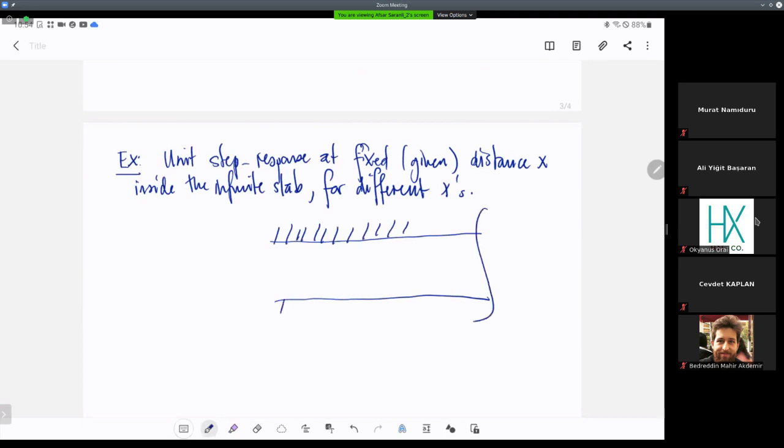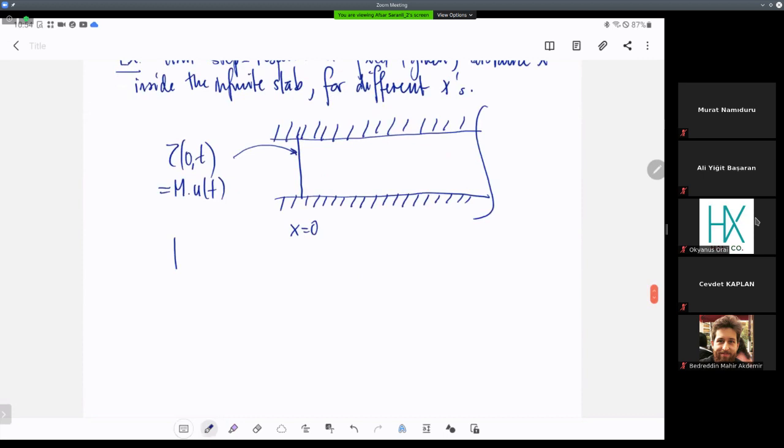It is not bounded on the right hand side, but we have a boundary at x equal to 0. This is where we apply this function. We apply tau 0 of t equal to m times u of t. So that means over here at 0, hold on, let me show you like this. At this point we apply essentially a fixed temperature with magnitude m on top of the steady state, obviously.